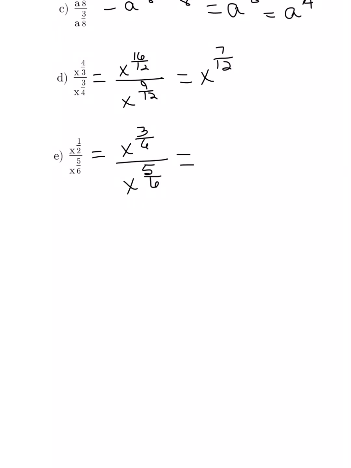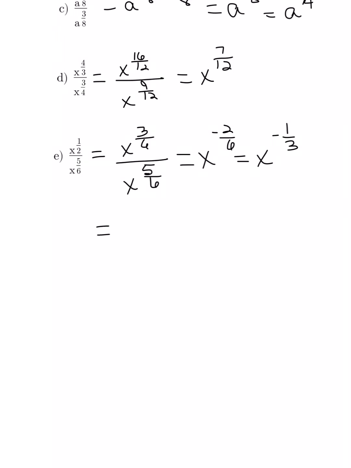The rule for exponents says that when you are dividing the bases, you subtract the exponents. So we're going to have x to the 3 over 6 minus 5 over 6. You get negative 2 over 6, but that simplifies to become negative 1 over 3.